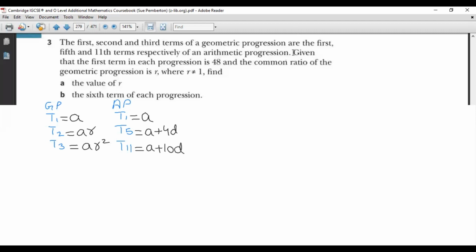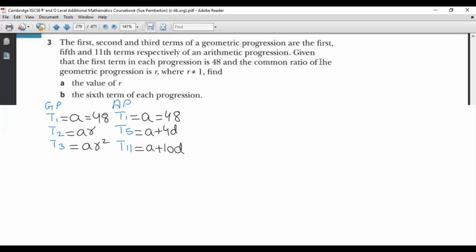Now, they are saying, given that the first term in each progression is 48. The first term in each progression is given as 48. So what will I do? I will say, okay, this is 48, and this will also be equal to 48, right?